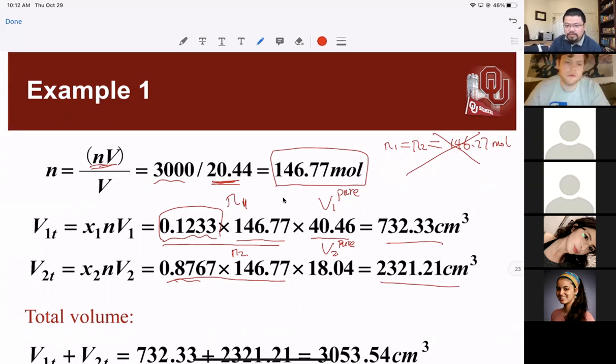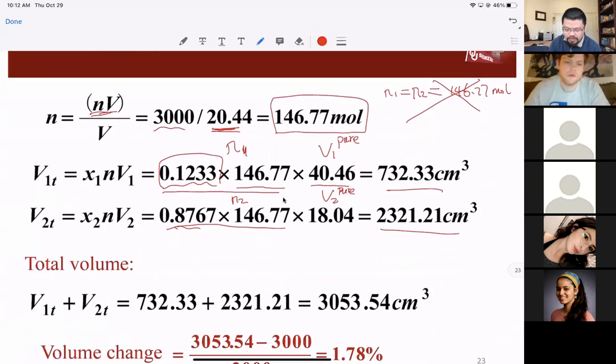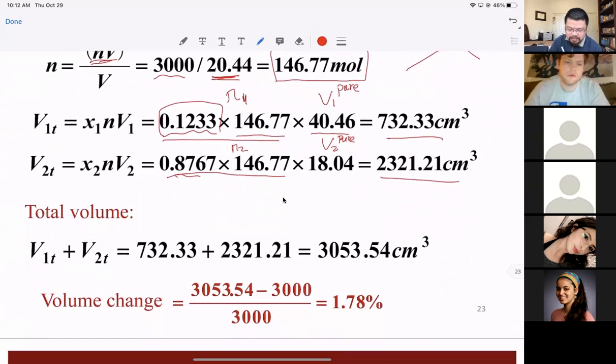Okay. And of course, if you run a quick check, then when I have this much of methanol, when I have that much of water, in the end, I mix them, I'm actually having this volume change. It's no longer their absolute total volume, but the total volume will shrink a little bit.